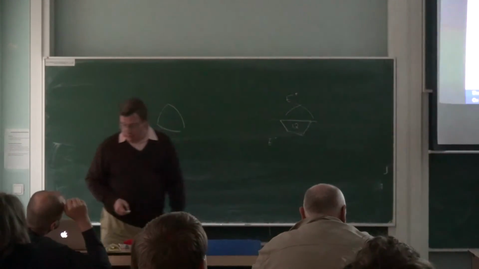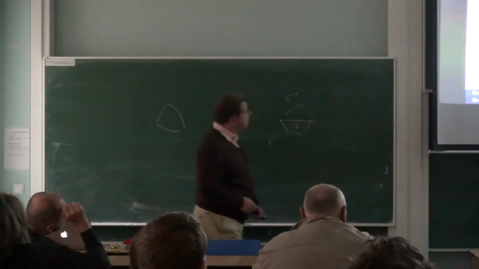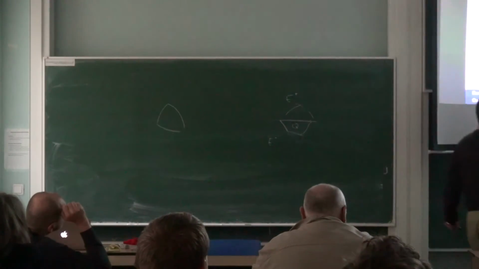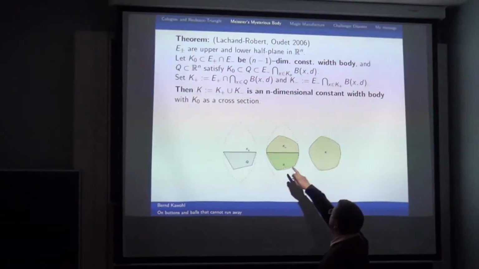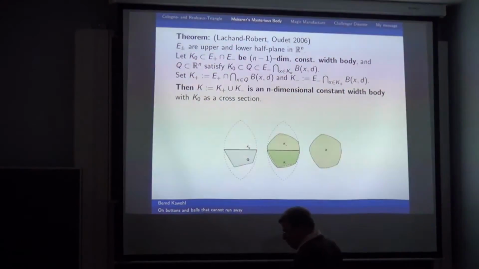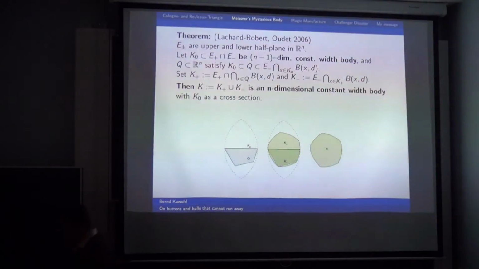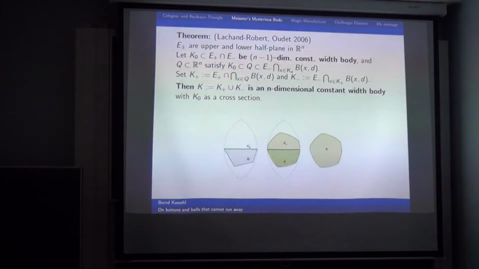And I construct the set K plus, this upper part here. And then I take all the points that have distance d from points on K plus, and that are in the lower half plane, and I call that K minus, and the union of K plus and K minus is then an n-dimensional body of constant width. This is what they proved.